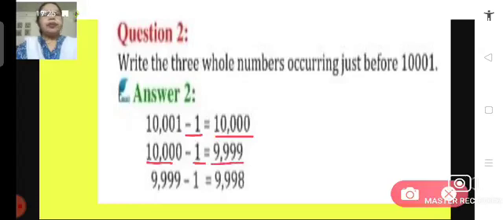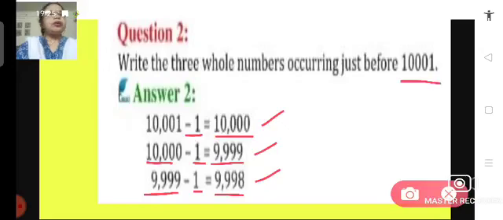Now again from 9,999 we subtract 1 and we get 9,998. So 10,000, 9,999 and 9,998 are the 3 numbers occurring just before 10,001.